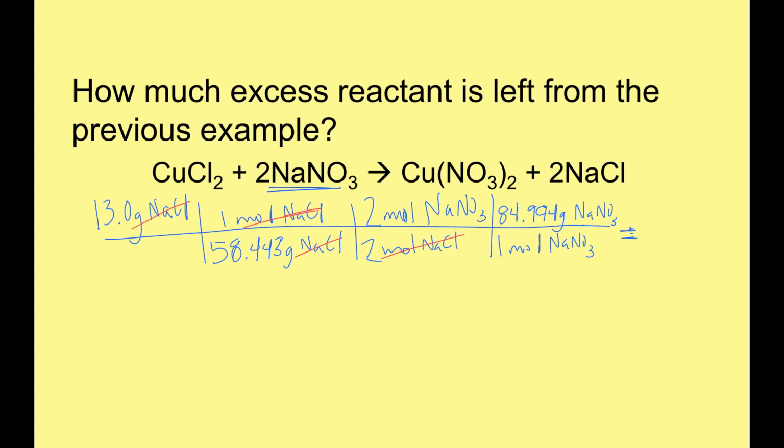So this is going back and figuring out how much I use if I can only make 13 grams of sodium chloride. In this situation, I use 18.9 grams. The original amount it gave me of sodium nitrate was 20.